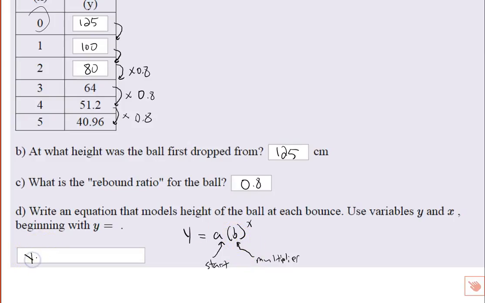So writing this into an equation, we have the two pieces up here. I started dropping it from 125 centimeters, and I continually multiply by 0.8 x times to make it to the x bounce, like the fifth bounce. So that's my equation: 125 times 0.8 raised to the x power, because repeated multiplication of 0.8 is an exponent.